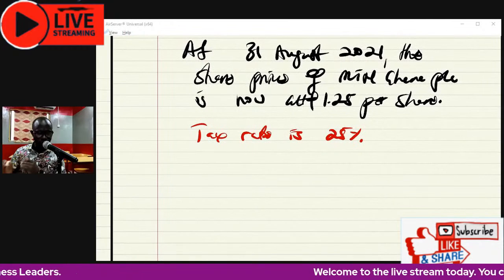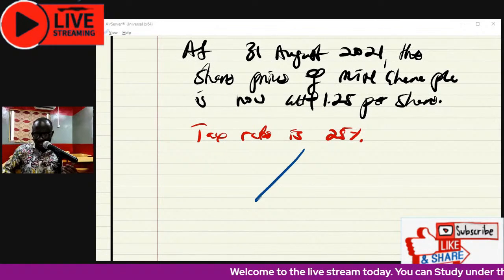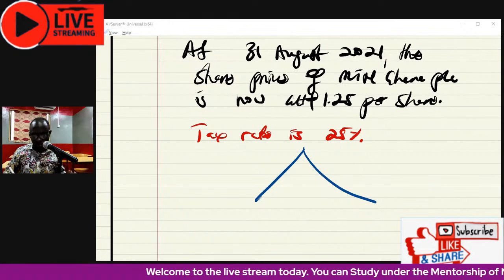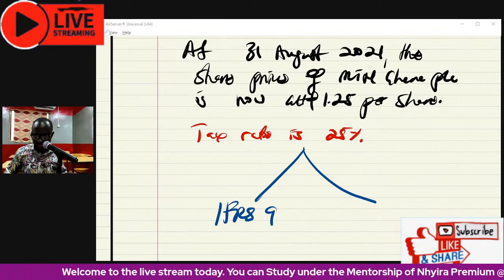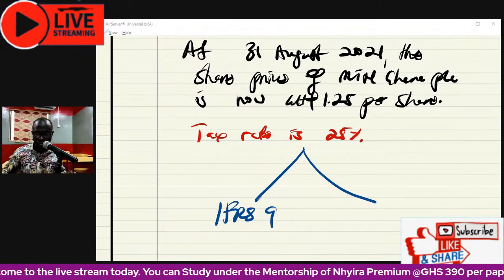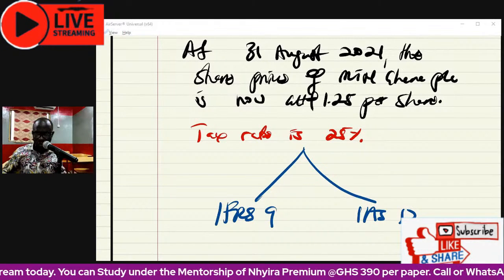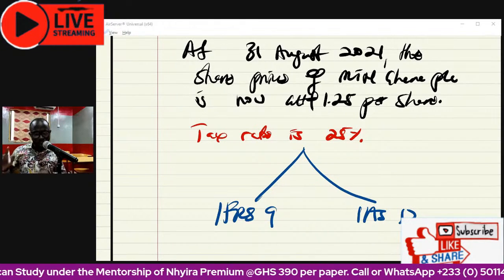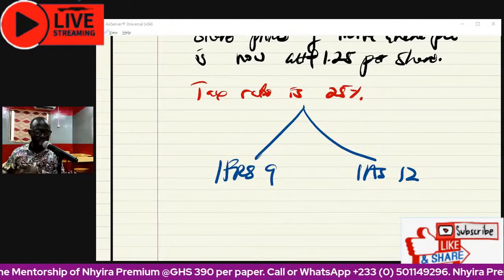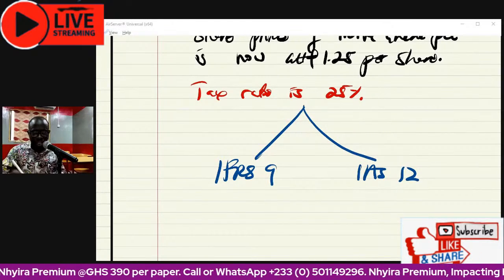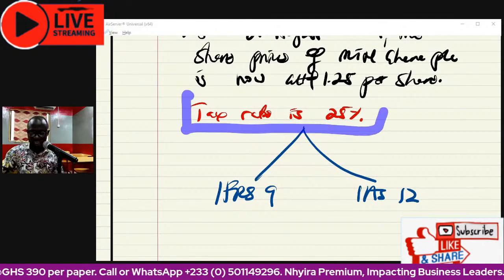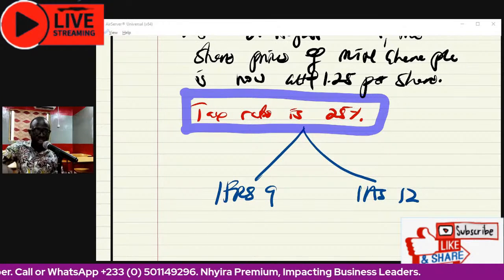You realize that there are two accounting standards at play here. That is IFRS 9, financial instruments, and IAS 12, income taxes. Why is IAS 12 coming to town? IAS 12 is coming to town due to the tax rate that the examiner has given us in the question.